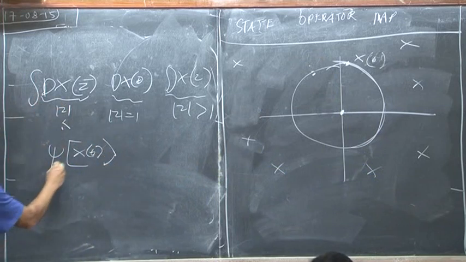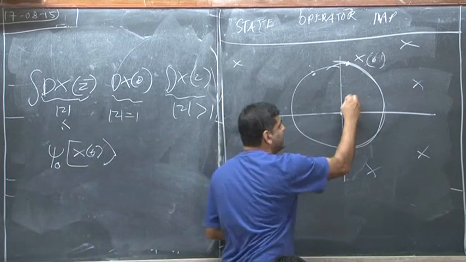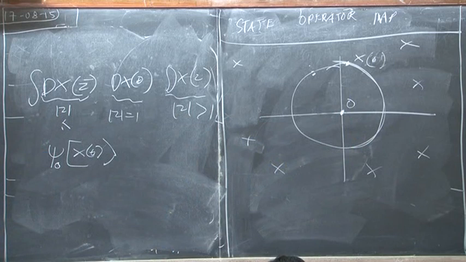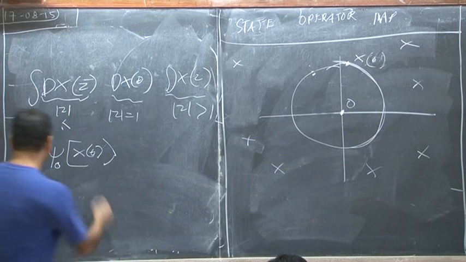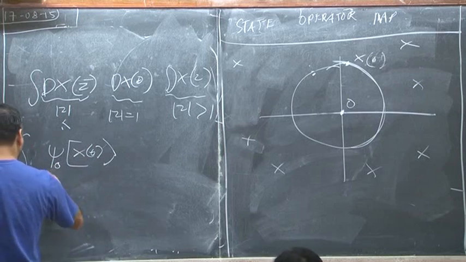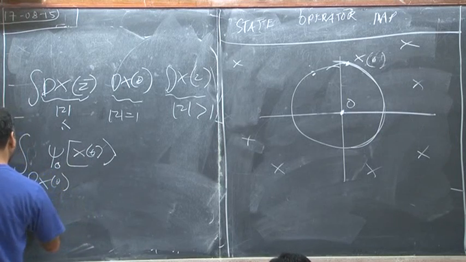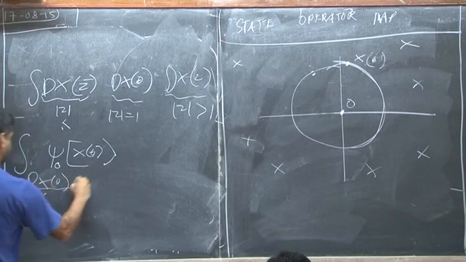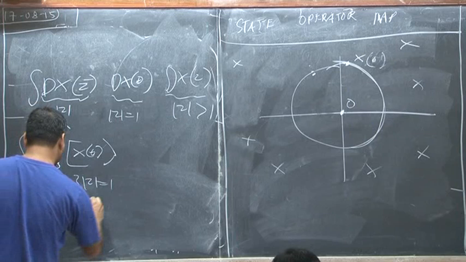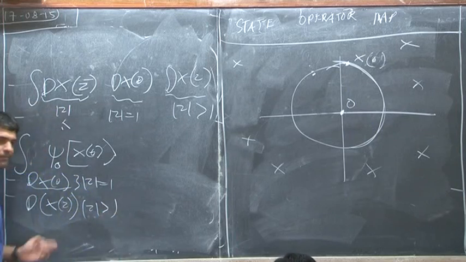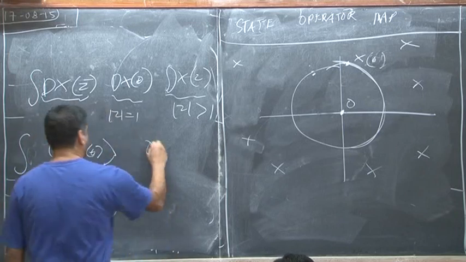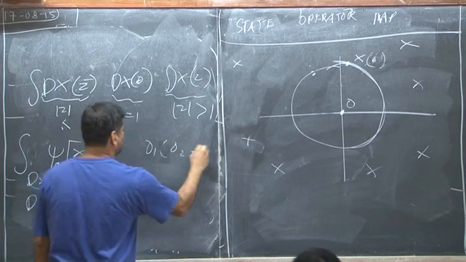That's this path integral, and of course it cares about which operator we've inserted here. Then we have to do the integral dx of theta, and the integral over mod z greater than 1, dx of z for all the other points, and we've got all the other insertions O1, O2.